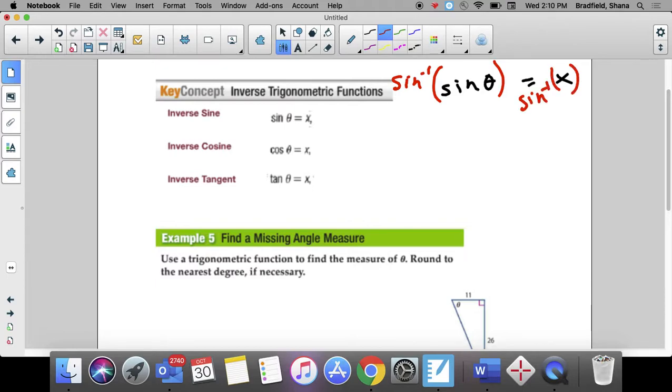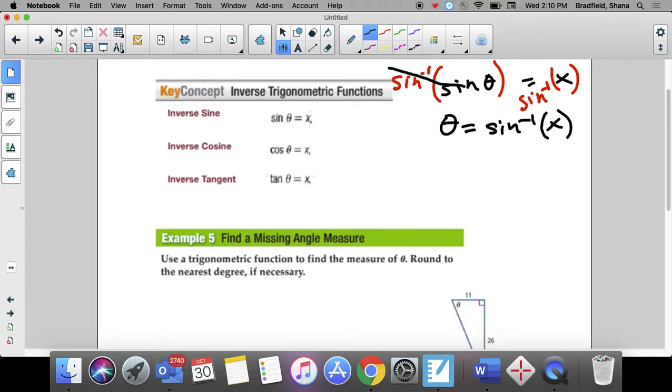If you look at your calculator just above the sine button, you'll see the sine inverse. We only use that if we're solving for an angle measure. So the result is, basically the sines cancel each other out, and we're left with theta equals the inverse sine of x, or whatever that value is.